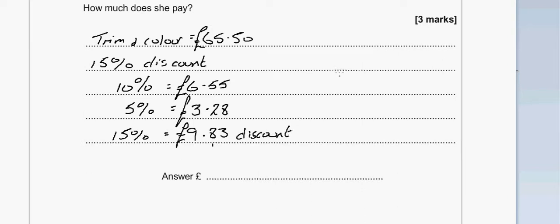Okay, now how much does she pay? Remember, go back to the question. So this would be £65.50 minus the £9.83p. Now that would equal, so if I get my calculator out, because this is calculator paper, and turn it on, so we have £65.50, and we're going to take away £9.83.